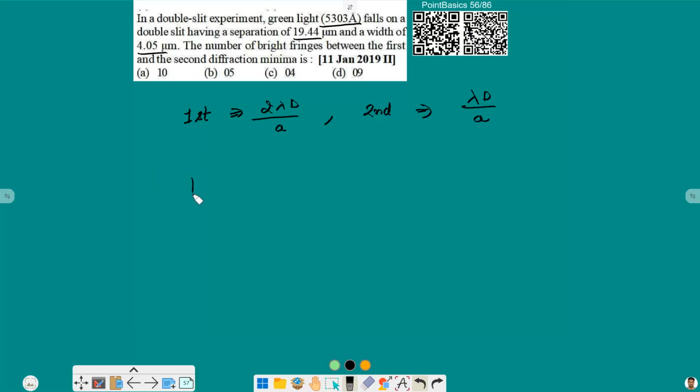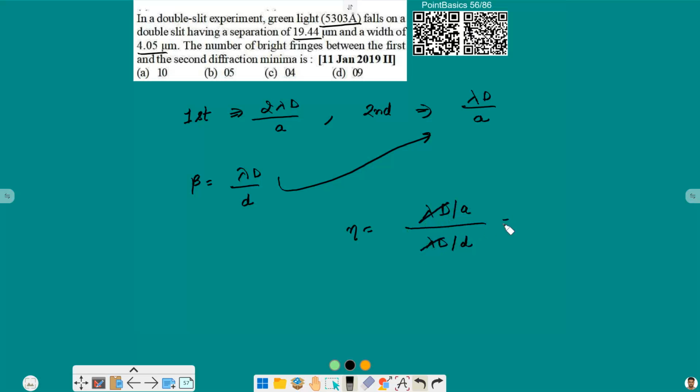Now in case of interference, beta is lambda d by small d, where d is the slit separation. So the number of interference maxima inside the second maxima of diffraction, let's say that number is n, will be lambda d by small a divided by lambda d by small d.